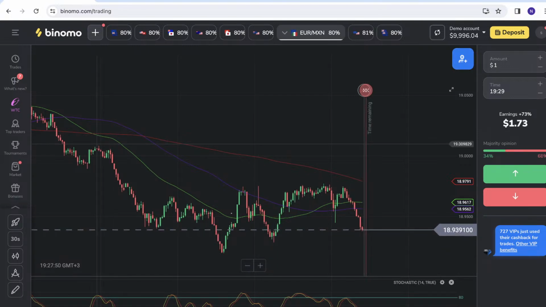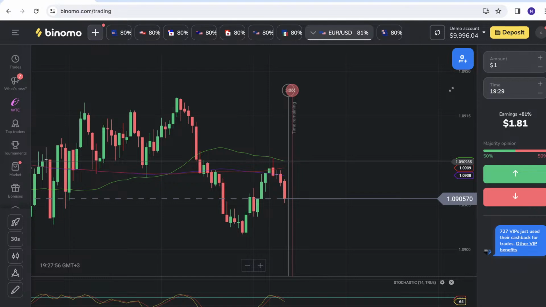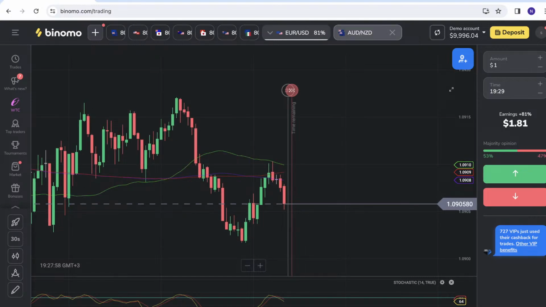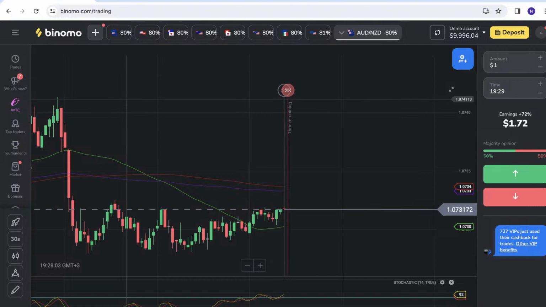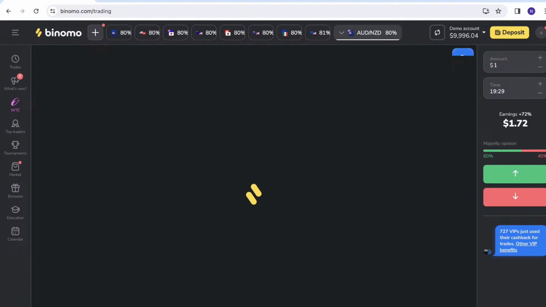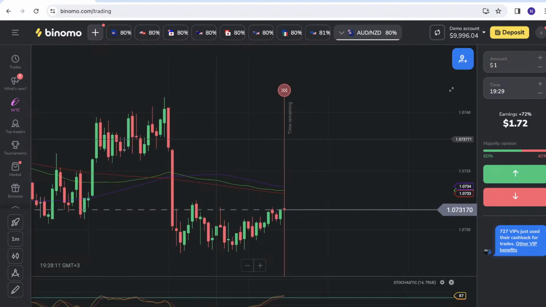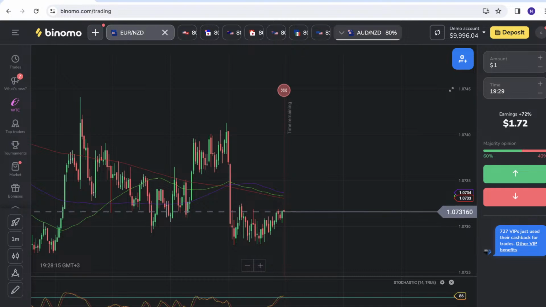Now at the 30-second time frame, I'm trying to find good trading signals for opening up or down trades. As I said, if you use high time frames, you will get fewer trading signals, but their quality will be really higher than on small time frames.